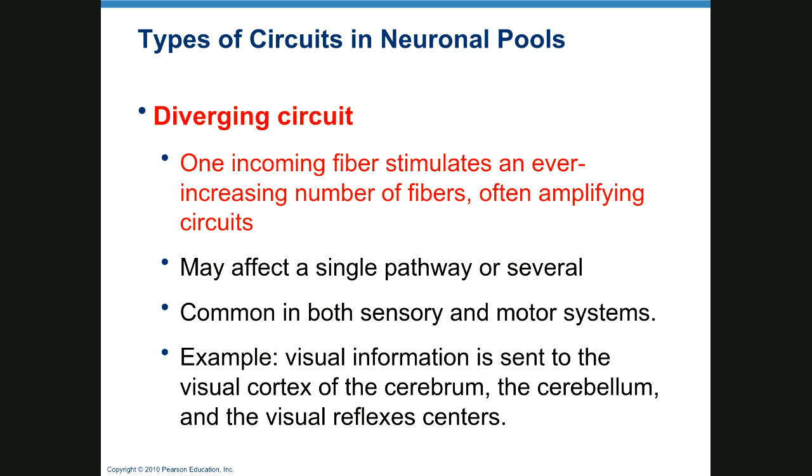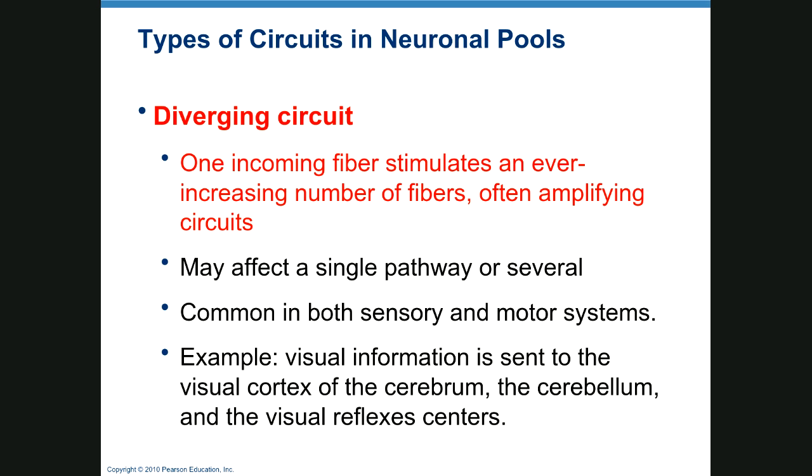Some of these circuits are diverging, in which one fiber stimulates more fibers, and the next round even more fibers, amplifying the information and going through several different parts of the body.